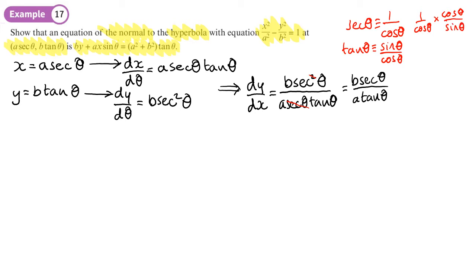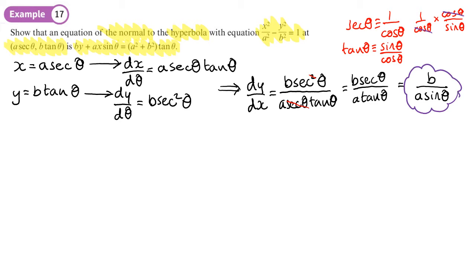So here the cos's cancel out. So all of this here just becomes 1 over sin. Obviously the b and the a are still there. So just left with b over a sin theta. So the gradient function simplifies to this.